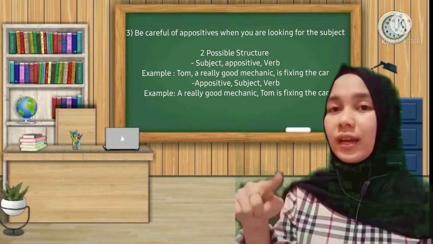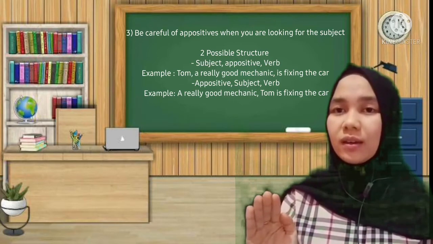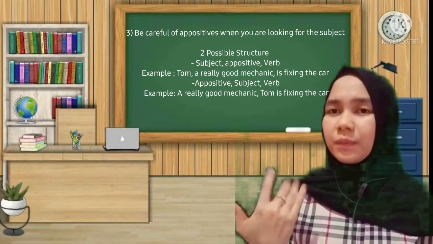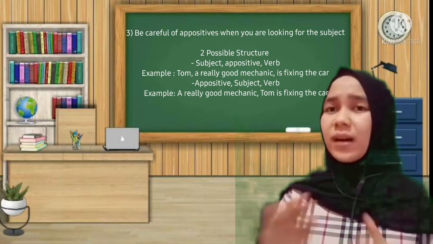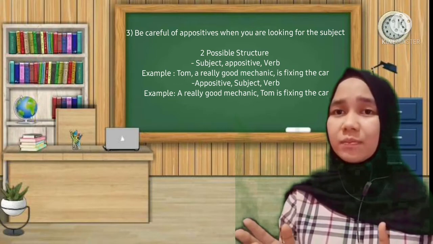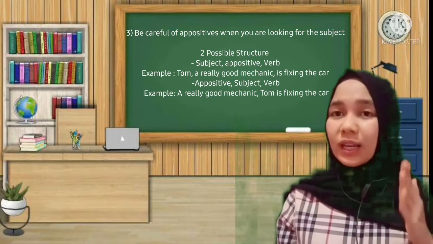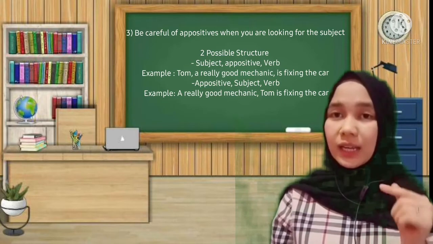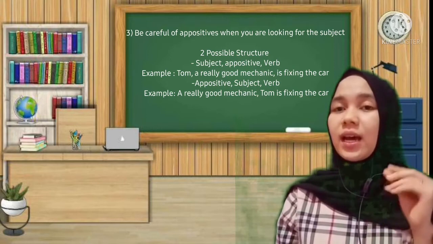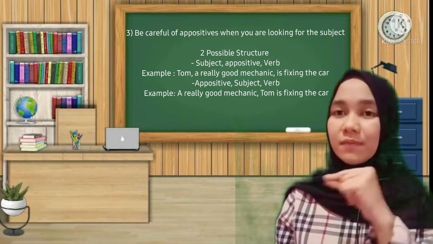From the sentence, we can analyze that a really good mechanic is not the subject. Although it is at the beginning of the sentence, it is not the subject because it is an appositive. So a really good mechanic is the appositive, Tom is the subject, and is fixing is the verb.